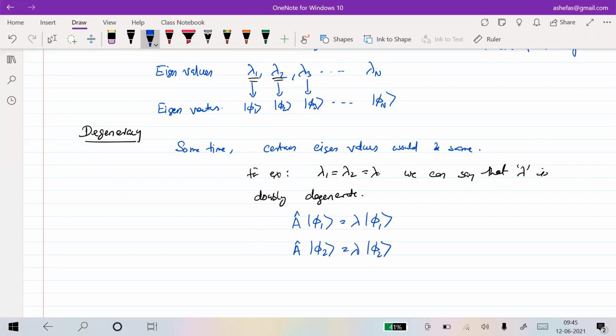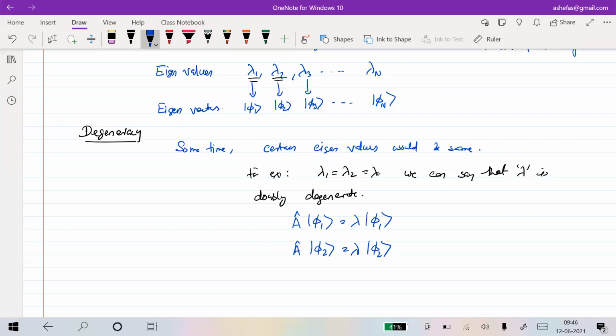So these phi 1 and phi 2 are the eigenvectors corresponding to the same eigenvalue. This kind of situation is called degeneracy. So certain eigenvectors may have the same eigenvalue, and in such situations we call that particular eigenvalue degenerate. Here the example we have taken is a doubly degenerate situation.